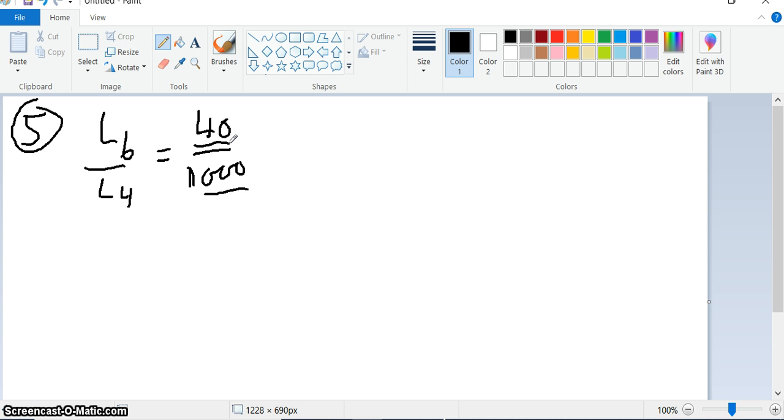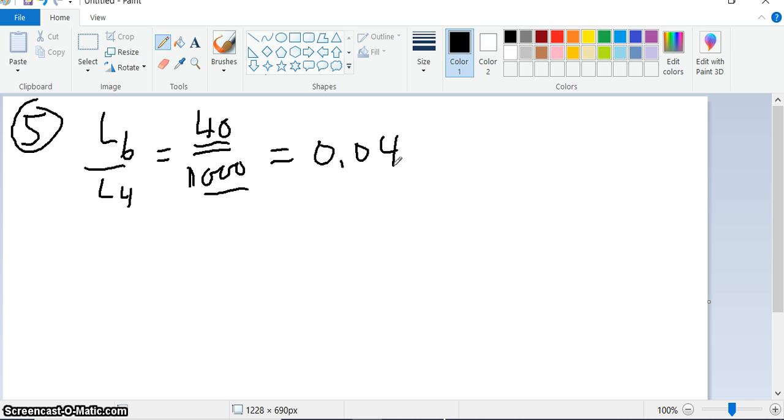Again, it's not perfect because you've got to interpret the scale, but 40 divided by 1,000, of course, turns out to be 0.04. Remember what we're trying to figure out: how many magnitudes.